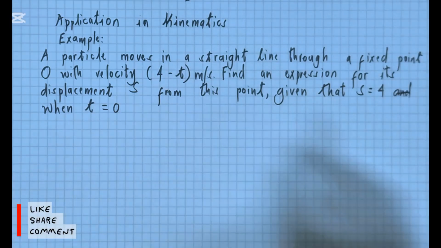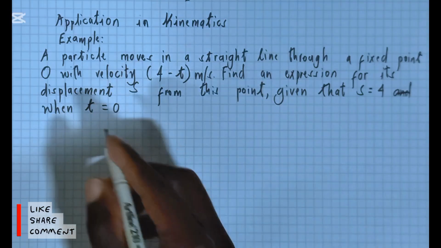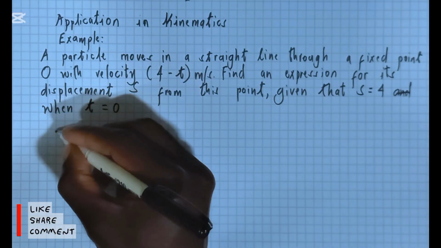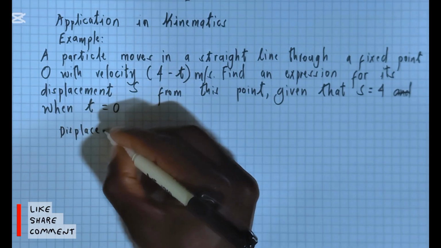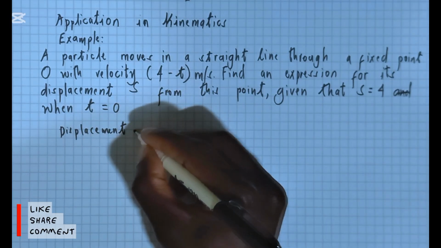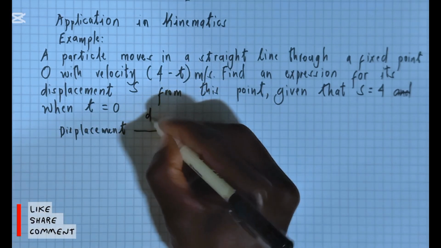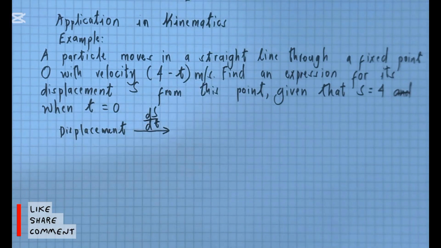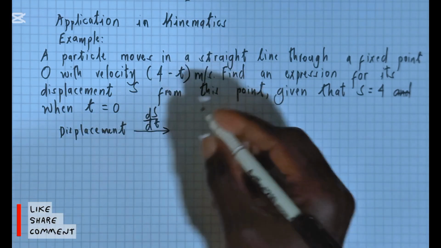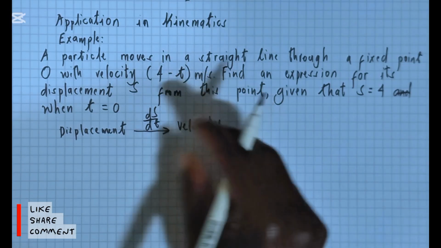So basically, we've been given velocity. And remember what we said when we were looking at differentiation: when you're given displacement and you differentiate ds with respect to t, because displacement is always a variable of time, you will always get a velocity function.